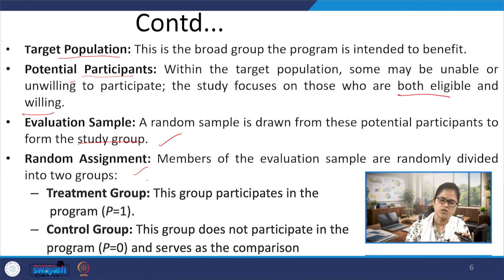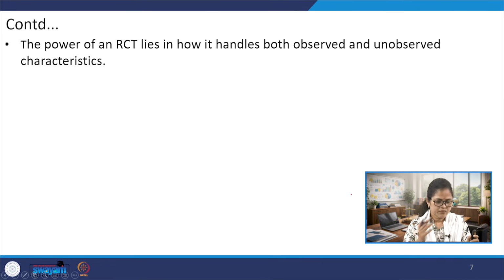That group is known as the treatment group, and where the members do not participate in the program, that group is known as the control group, or symbolically we can say here P equals 0, that means there is no intervention. Okay, or the participants do not participate in the program. And the purpose of this control group is just for comparison, since in the treatment group the program is intervened, or participants in this treatment group experience the program.